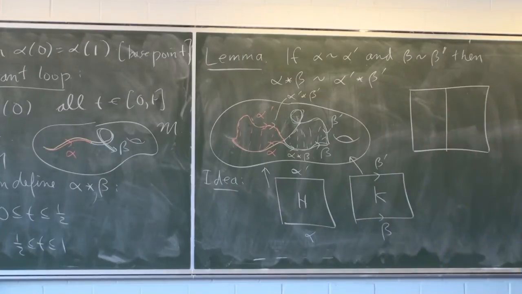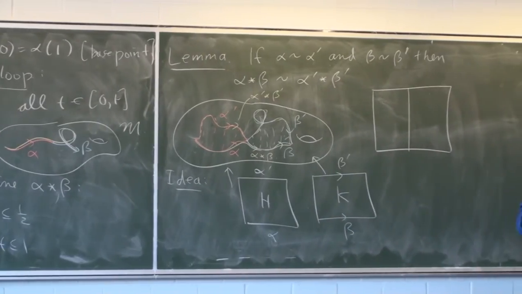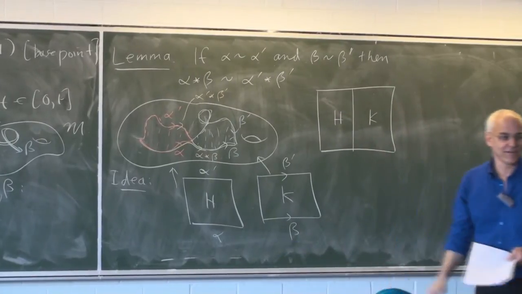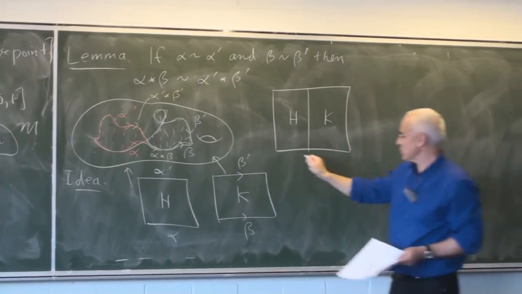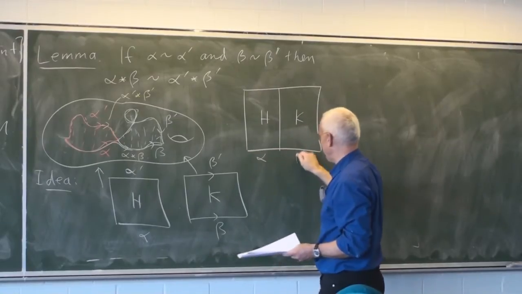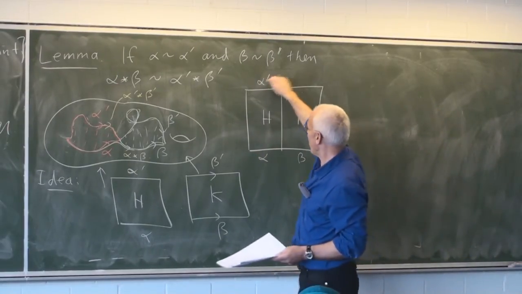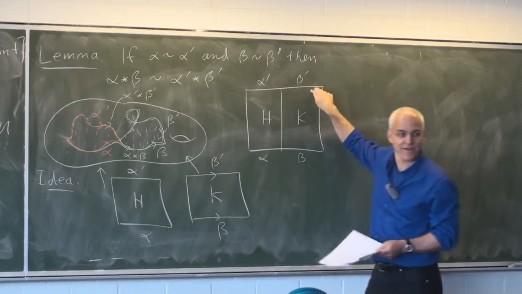Well, we're going to put them together, but in kind of the opposite way we put them together last time. Now we're going to put H on this side and K on this side. And then that's going to be a homotopy from alpha followed by beta down here, and alpha prime followed by beta prime up here.